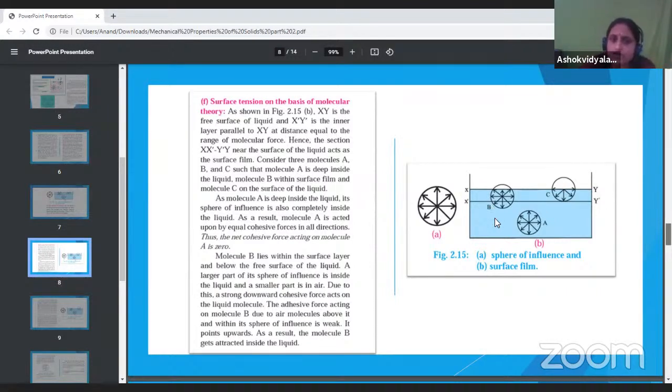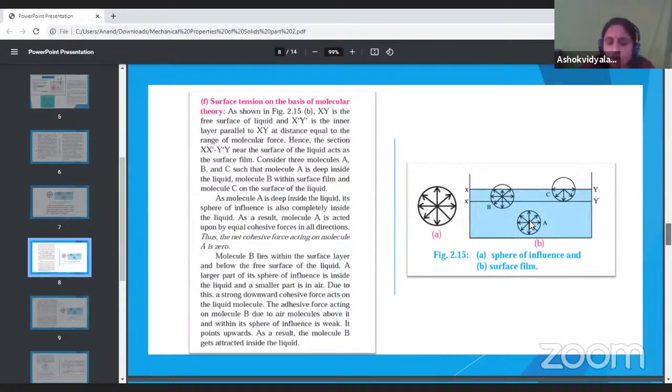Okay, now suppose a molecule A is deep inside the liquid, its sphere of influence is completely inside the liquid, and therefore as a result molecule A is acted upon by a cohesive force in all directions. मी सांगितल्याप्रमाणे मॉलिक्यूल ए वरती ऍक्ट होणारा फोर्स हा कम्प्लिटली वॉटर लिक्विड आहे, आणि त्यामुळे हा ए पॉइंट वरती ऍक्ट होणारा फोर्स हा कुठला आहे, कोहेसिव्ह फोर्स.